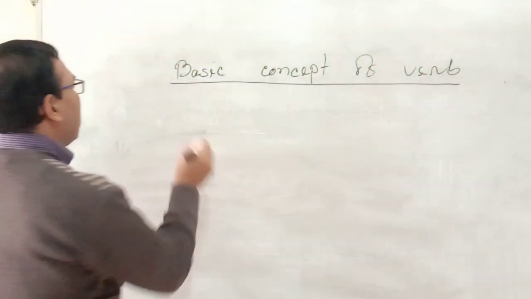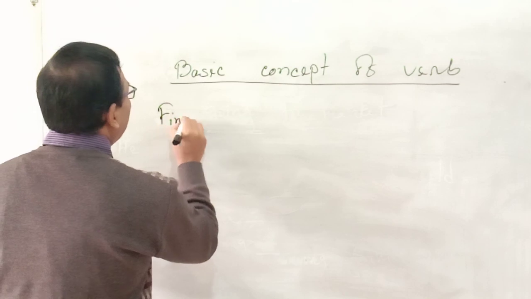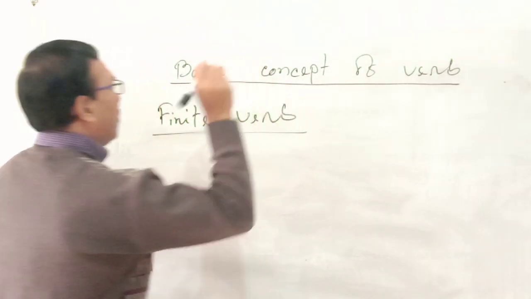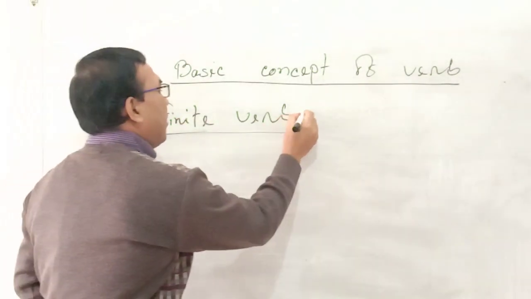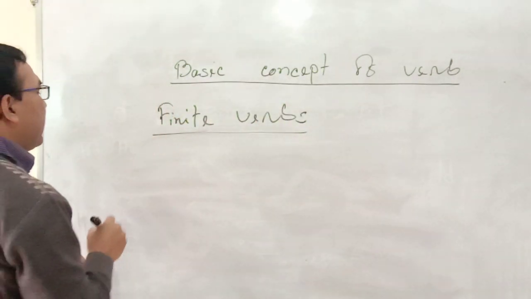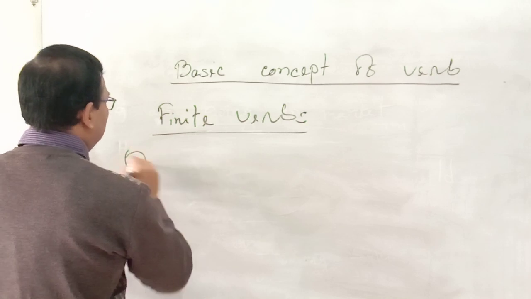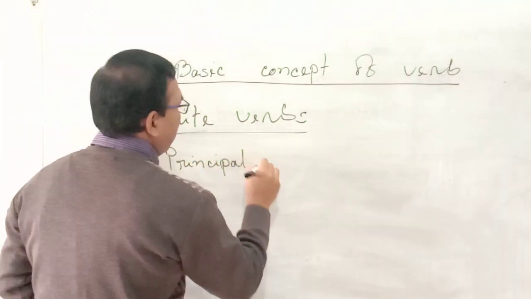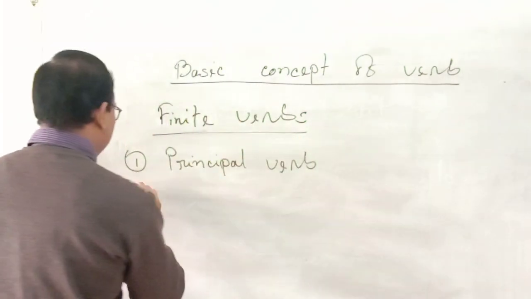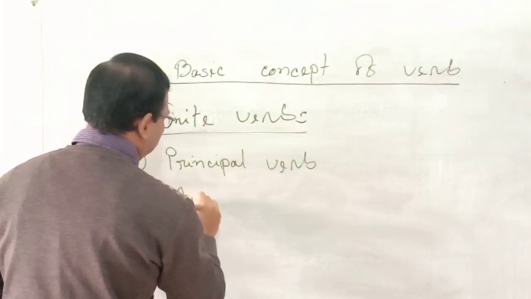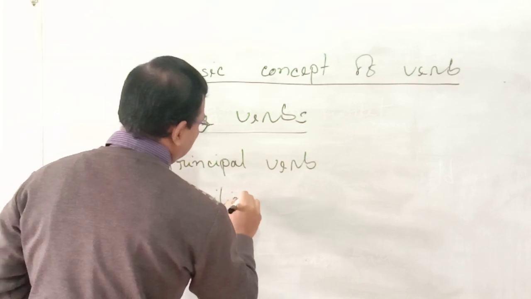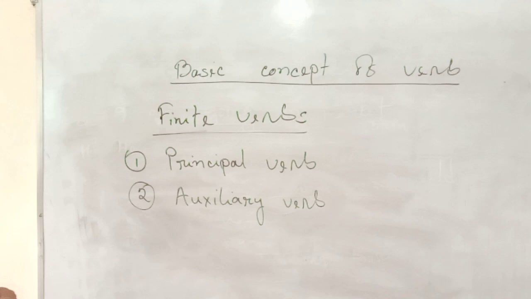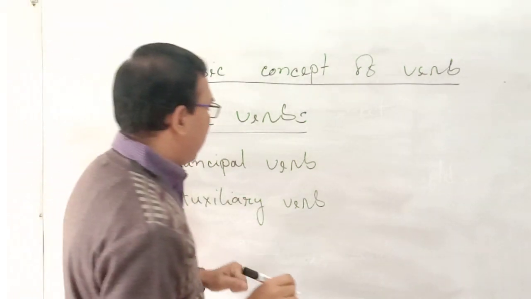Finite verbs can be classified into two types. They are principal verb and auxiliary verb. There are four types of auxiliary verbs.